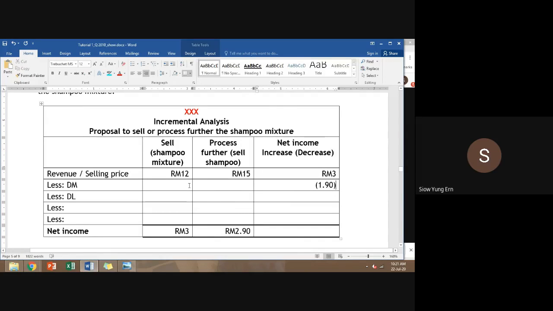So if you compare your direct material from shampoo mixture, here is 4 ringgit 50 cents. Then it increases to 6 ringgit 40 cents. So this one is cost.